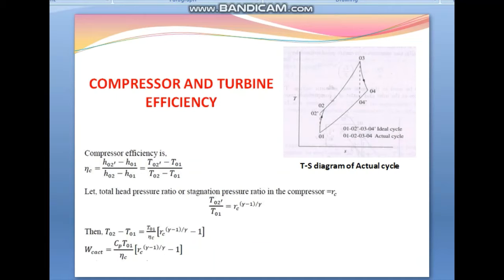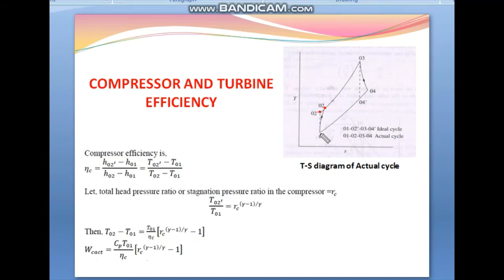The compression process on the TS diagram will therefore be represented by the line 1 2. As you can see, this is a curved line 1 2. The temperature at point 2 is higher than at point 2 dash.